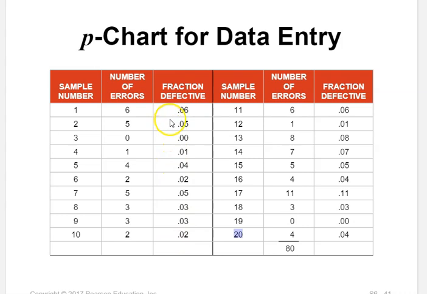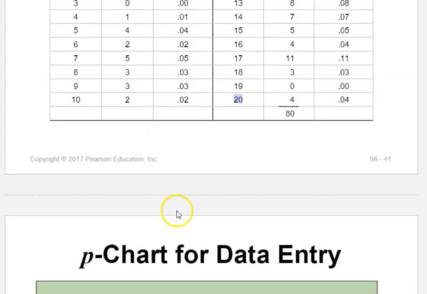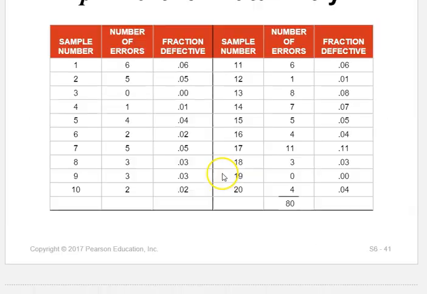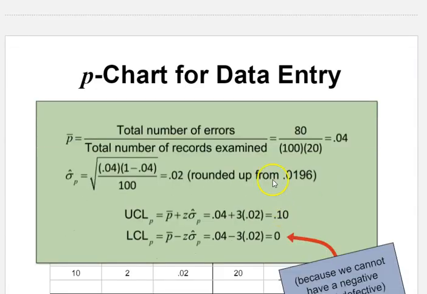These numbers are actually the p-values. So when you get the average of these proportions, that would be your p-bar, right? So what's your p-bar? You add up the defects, and the sum is 80. That's where the 80 comes from. Added number of errors, number of defects, divided by the total number of samples.